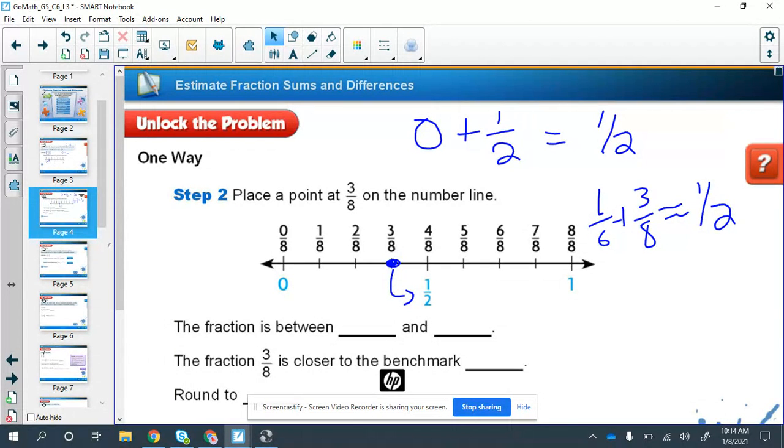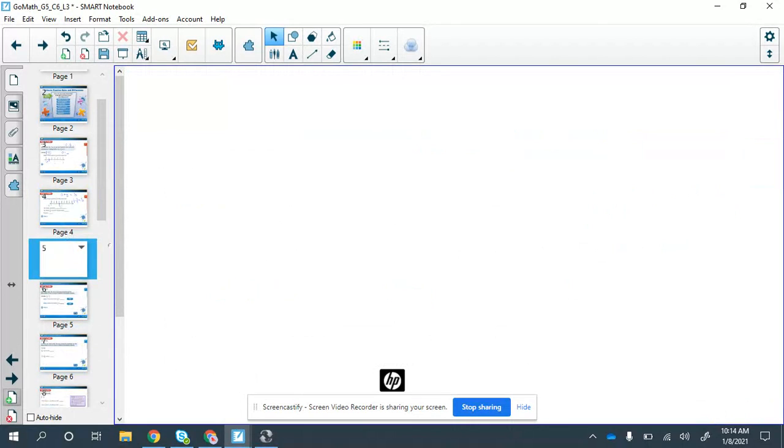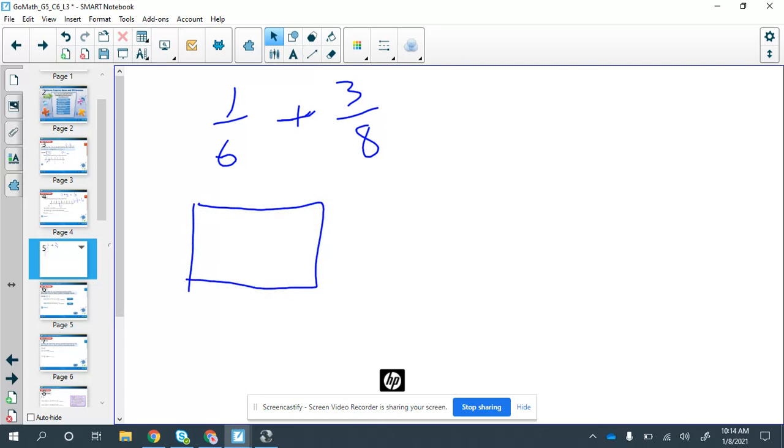An alternative way that we can do this is instead of having to draw a number line all the time, we can draw a model. So if I were going to do this problem over, I would think about this in terms of drawing a model of 1/6. So if I drew this model of 1/6, it would look like this.